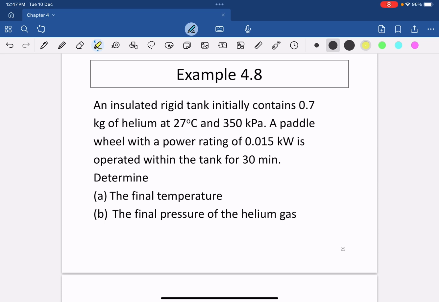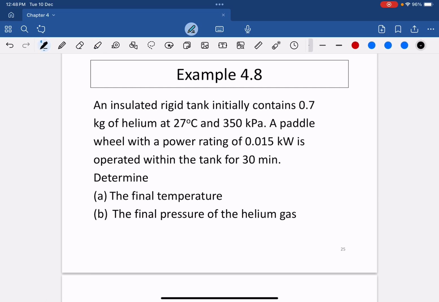The temperature appears in internal energy or enthalpy, and internal energy and enthalpy are functions of temperature. So to be safe, we start with the energy balance.